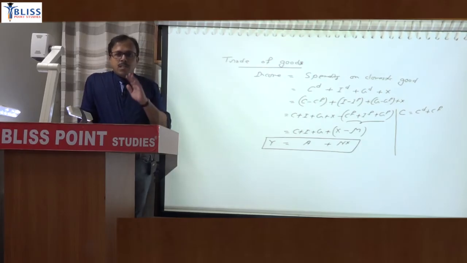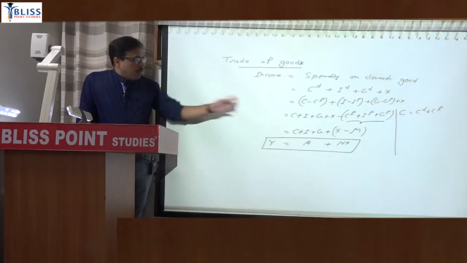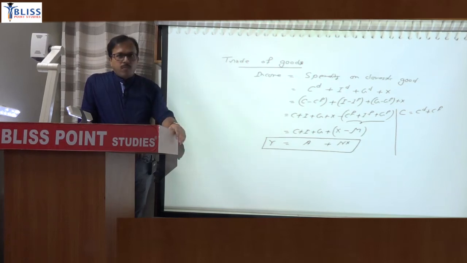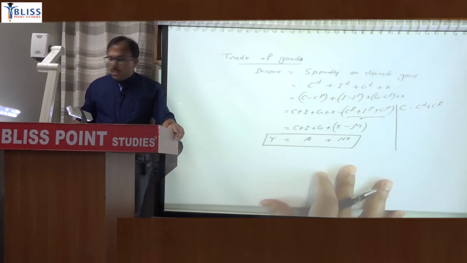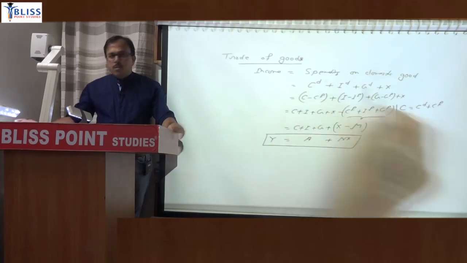If we are discussing about the closed economy, then you have to simply ignore that NX. Spending by domestic resident in that case will be only on the domestic goods, so there is no point of discussing that. Only in the open economy this question becomes relevant, that is spending by domestic resident and spending on domestic good are two different things. A plus NX, so this A is spending by domestic resident and A plus NX is spending on domestic good.